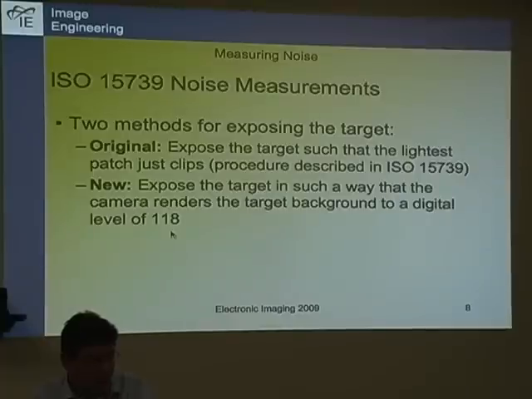So that's why 118 is selected. There's a certain range. I don't know whether the tolerances are fixed now, but it'll be something like 118 plus minus 10 digital code values, something like that.